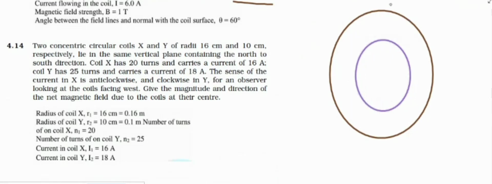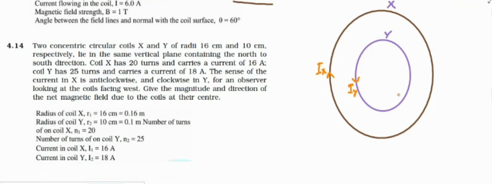So we can have coil X and coil Y. Now in coil X, current is in clockwise direction, so we can say Ix in clockwise direction, while in coil Y, it is Iy in anti-clockwise direction.